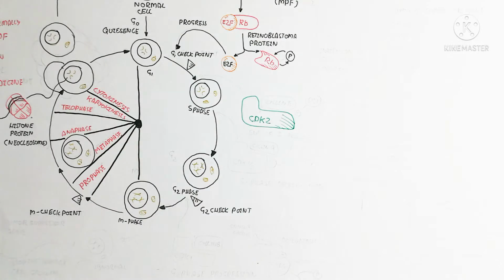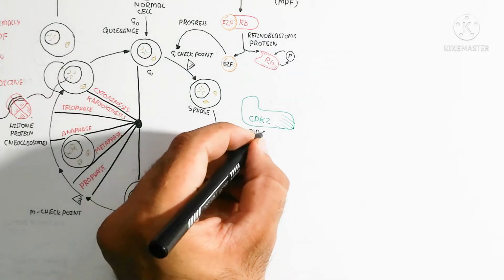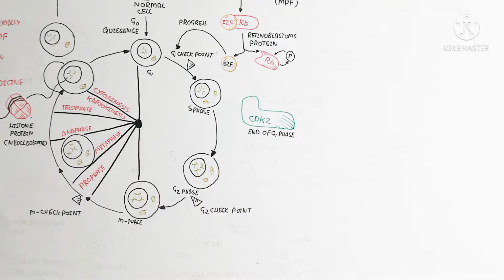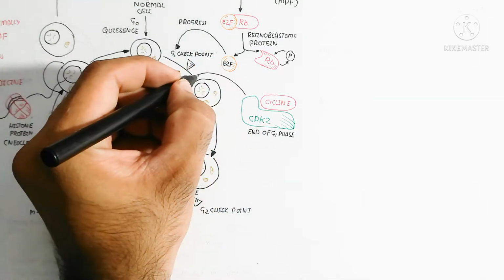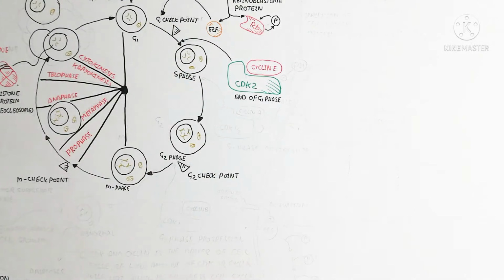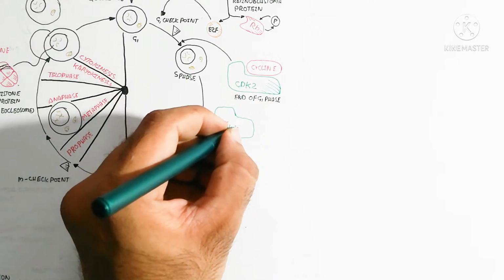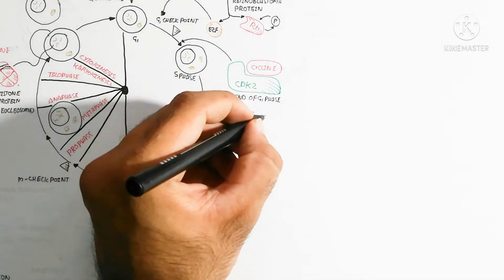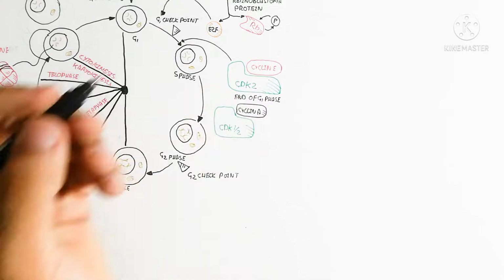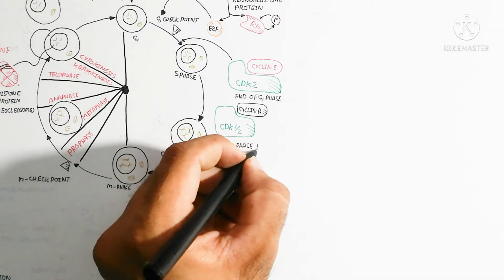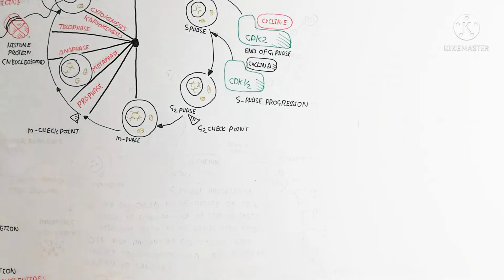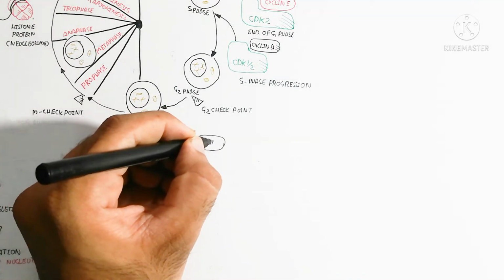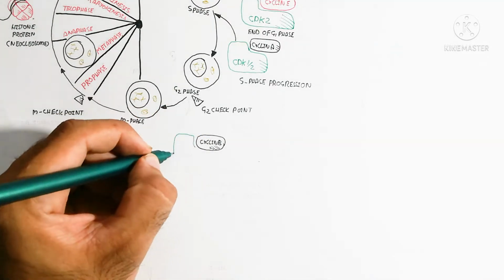But before the S phase, one more cyclin E and CDK2 bind at the end of G1 phase, which leads to entry into the S phase of the cell cycle. After going into the S phase, cyclin A and CDK1 and 2 lead to S phase progression.